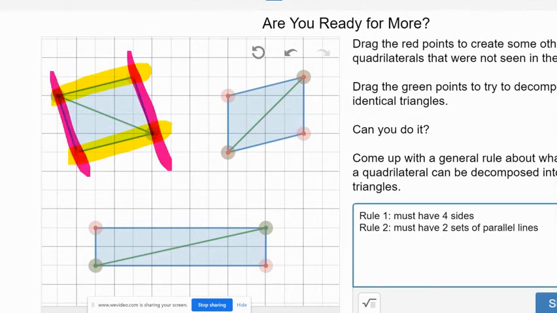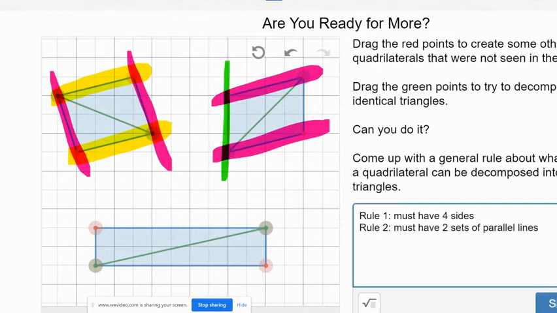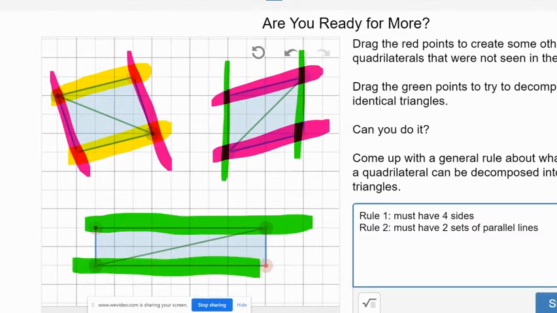So that's two sets. Parallel, parallel, switch it up. That line and that line are parallel to each other. So that's two sets. This line and this line are parallel and opposite from each other. And this line and this line are opposite, and they are parallel.